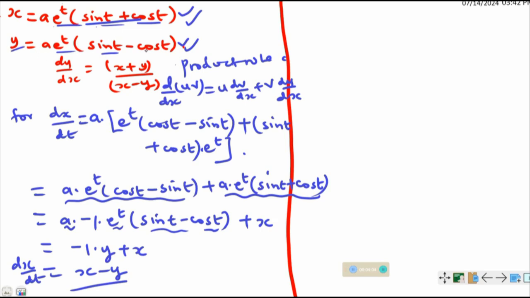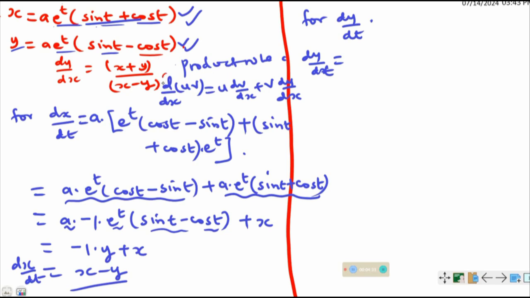After getting dx/dt, we need to also get the differentiation of y with respect to t, since y is given in terms of t. So dy/dt will be the same, we shall use the same approach. We can realize that y is in terms of t, for which e to power t is one function, and sine t minus cos t is another function.